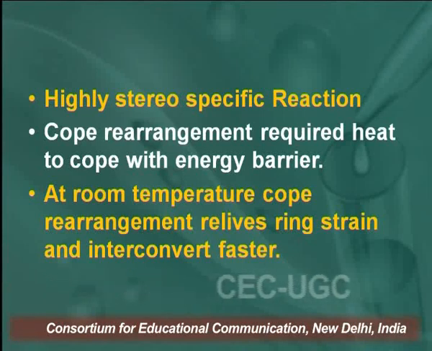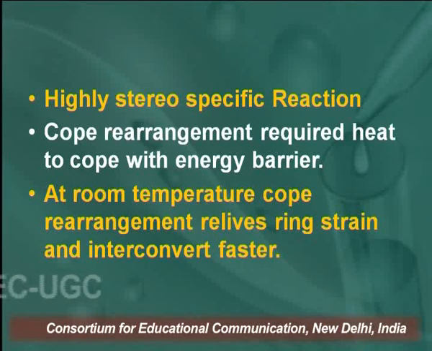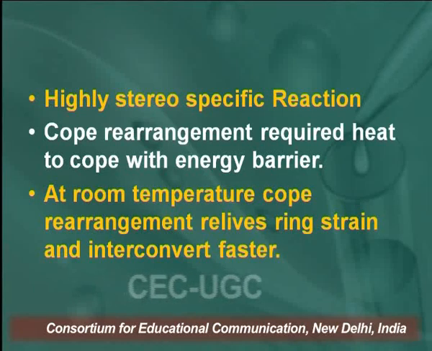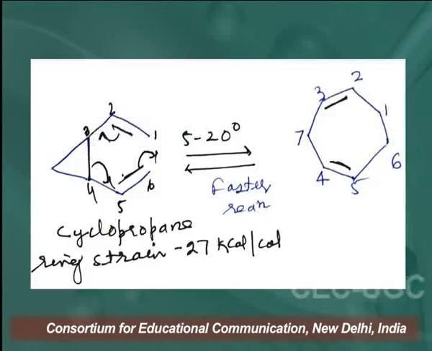Learners, at room temperature, the Cope rearrangement relieves ring strain and interconverts faster, right? So this is a cyclopropane, and here the ring strain is very low, that is minus 27 kilocalories per mole. Here we get the isomerized product at 5 to 20 degrees Celsius, and this reaction is very fast.